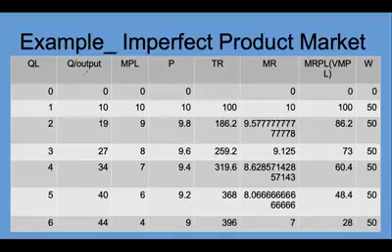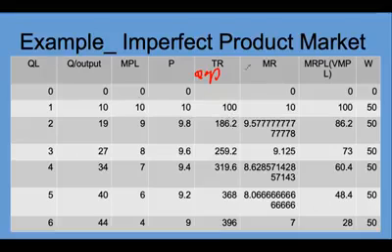The TR will be the output times price, so TR will be Q times P. And MR is the difference in TR over the difference in output. That's the MR, marginal revenue: the change in TR over the change in output. And you can see MR is also going down.